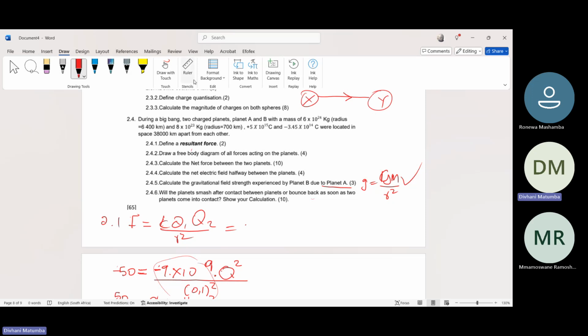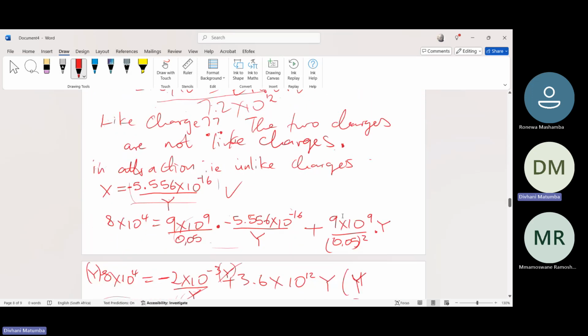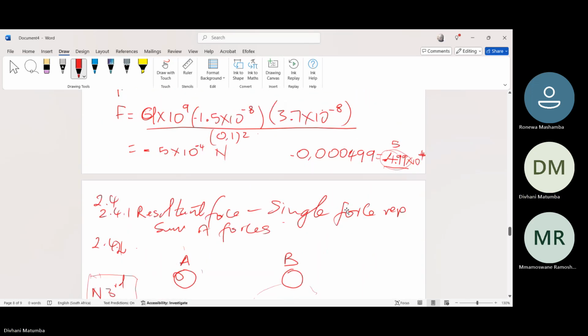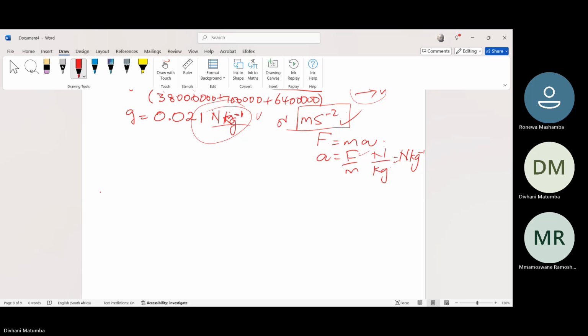Okay. So when the two planets come into contact, what will be the radius between them? Let me draw a sketch. What will be the value of R, Mamsan, when they are now in contact?